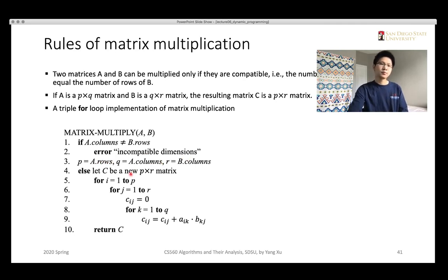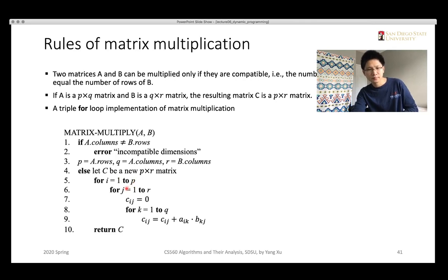The result will be stored in a new matrix C. We know it must be a P by R matrix, so we allocate that much space. And then there's a for loop. The first layer of the for loop iterates over the number of rows in matrix A, from 1 to P, so it iterates over all rows.